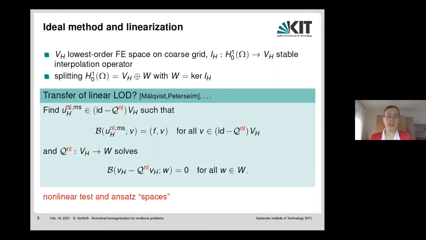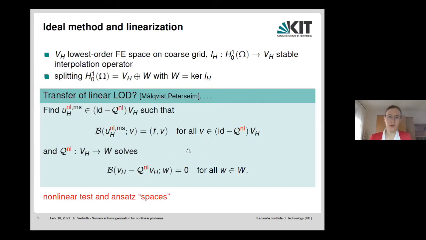This means that we seek a multiscale solution in some space, I will come to this in a moment, a solution of the following discretized Galerkin type problem with this multiscale space as ansatz and also as test space.